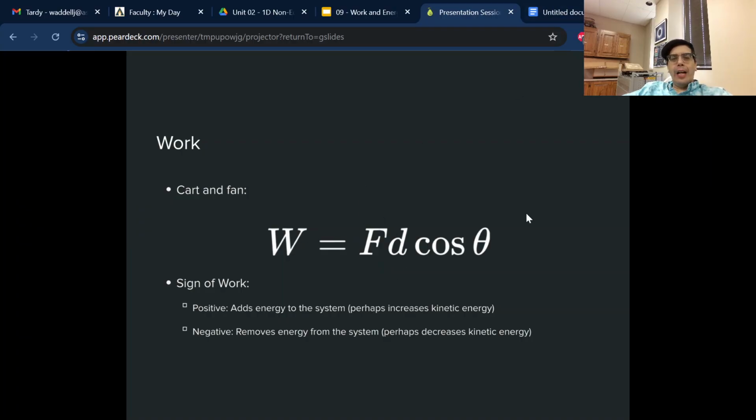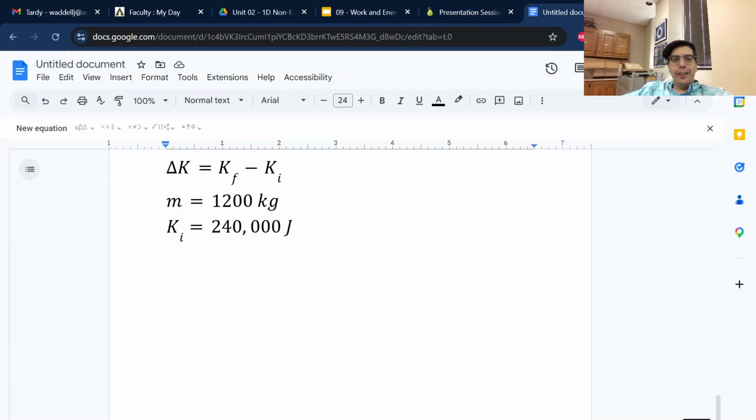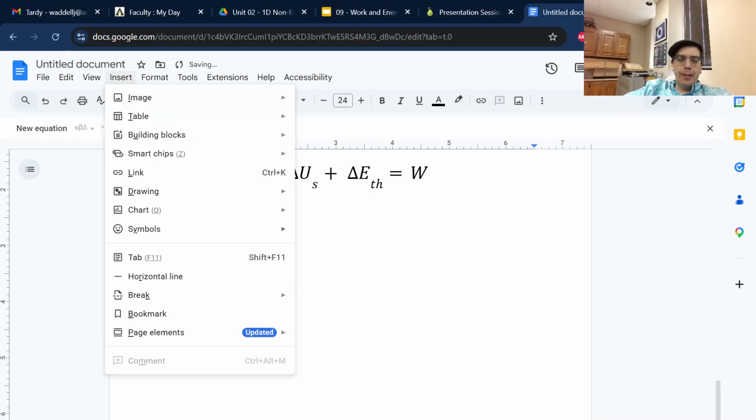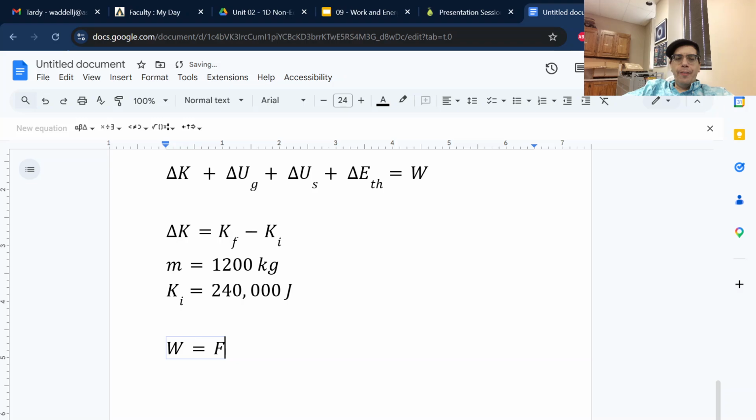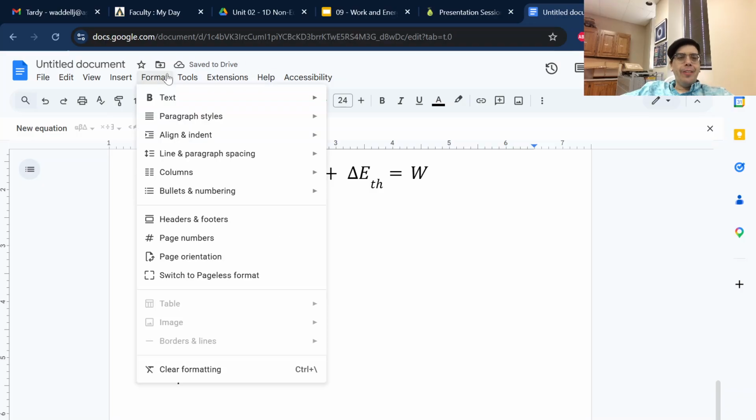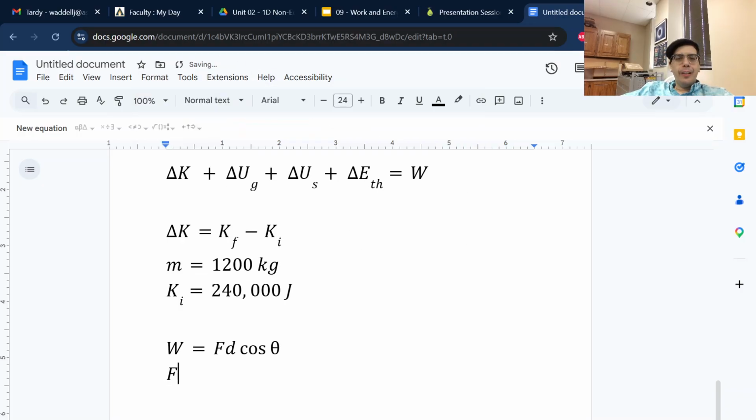So I guess I'll write it out here so I can talk about each thing. So we have F D cosine theta. F is the magnitude of the force.